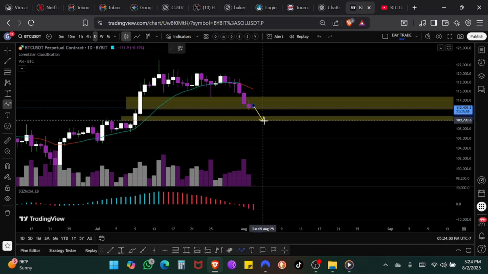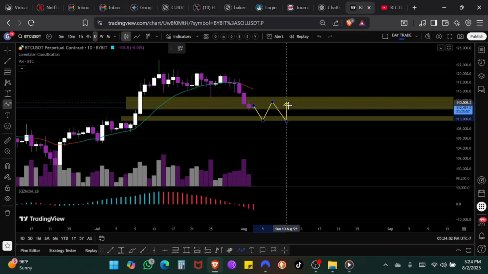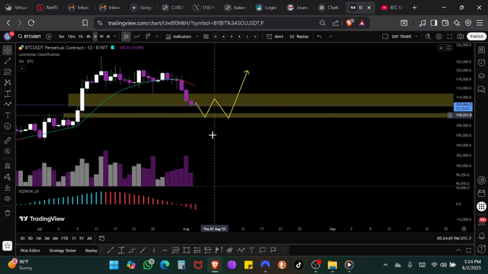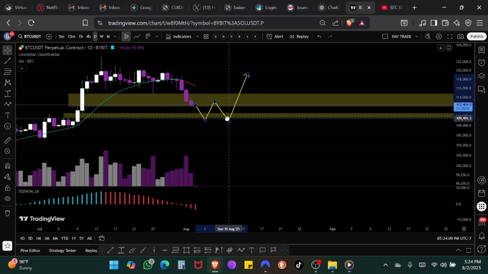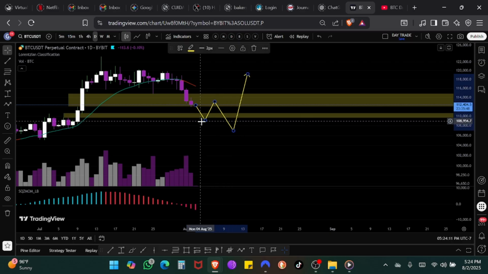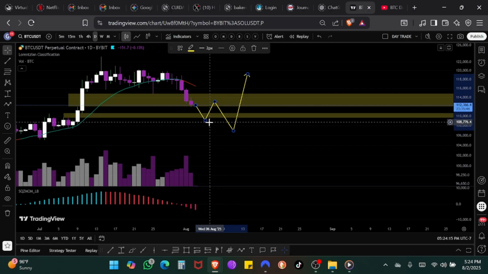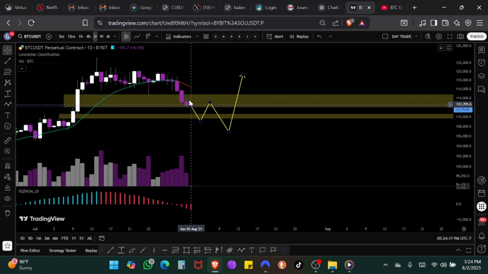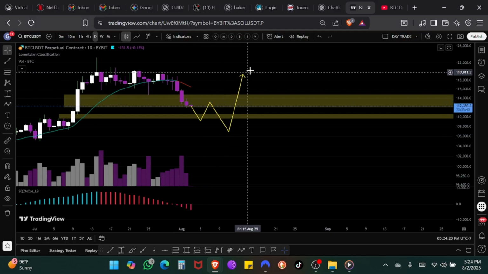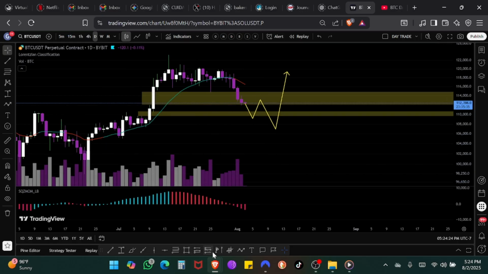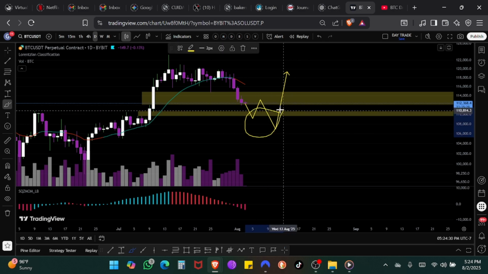So it could wick down here and play a two touch or three touch, or it could even go down here, fake this low, right, and take the liquidity of this low and create an ABC, and then shoot back in the opposite direction. So if you're a buyer, you should be looking on this area here to buy.